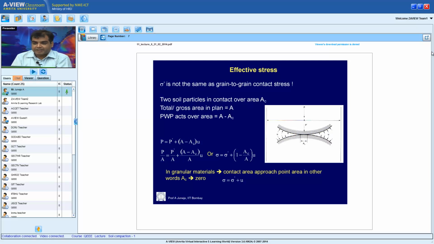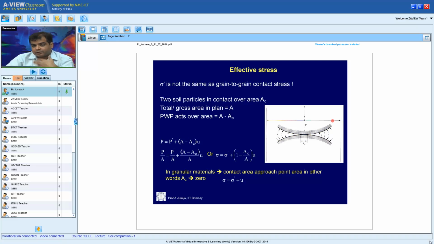So let's look at effective stress rather in detail. Over here I have a small cartoon on the right hand side. Please look at this sketch over here. It's just a very simplistic model which represents two soil grains. I would say it's an idealistic model because soil grains will never have a very smooth surface. This more or less looks like a spherical surface. So in these two models, if I look at this carefully, capital A, apologize if the figure is not very clear, is the total area.